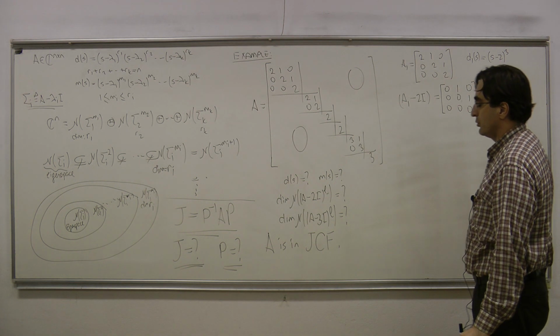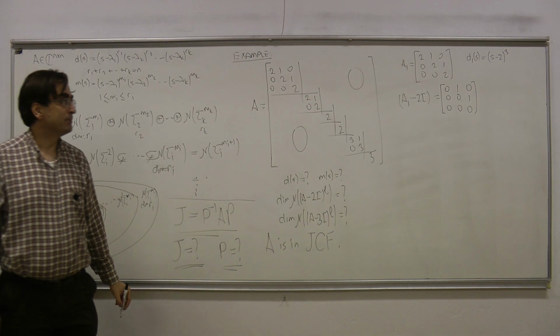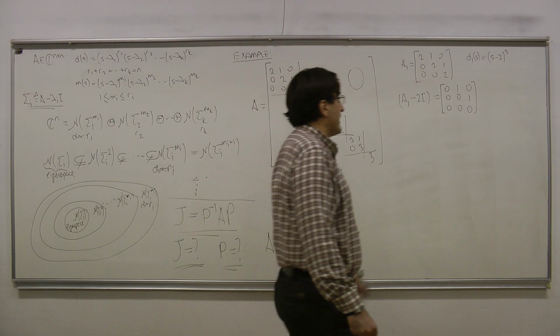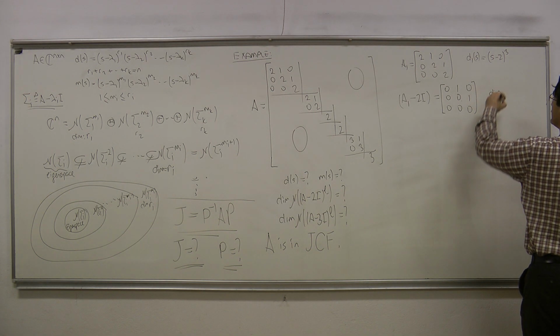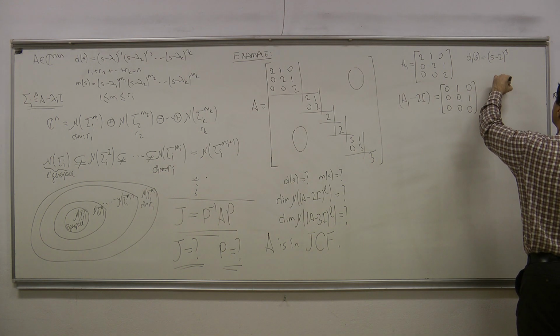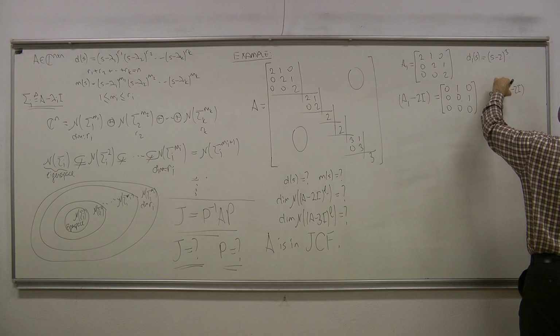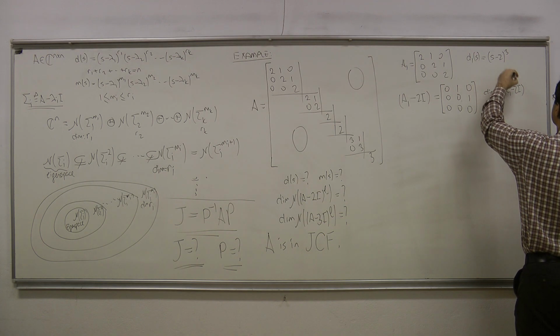I have this type of matrix, A1 minus 2 identity. Now I'm going to be looking at the dimension of the null space of this matrix. So this is going to be like sigma 1.